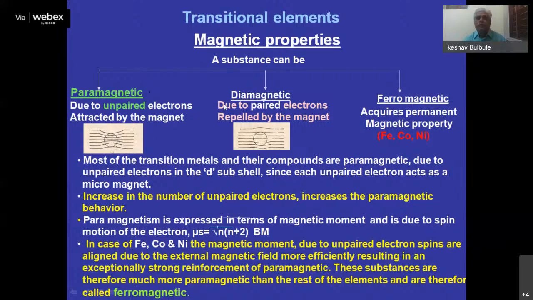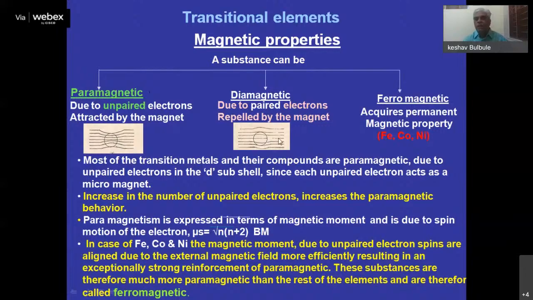Whereas the magnetic property of any substance due to paired electrons is called diamagnetism, and such a substance when kept under the influence of external magnetic field, instead of getting attracted, gets repelled.